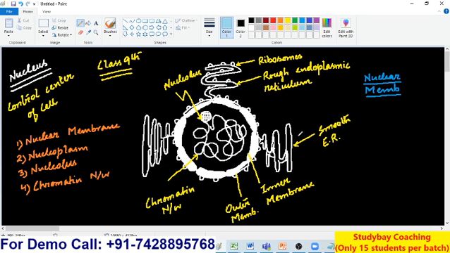It is a delicate double membrane structure with a space between outer and inner membrane, right? Now, this nuclear membrane consists of nuclear pores. This is what I have shown you over here, that these are the nuclear pores.